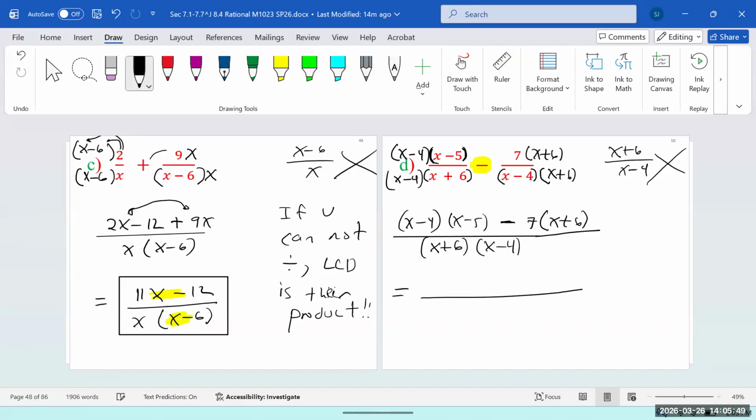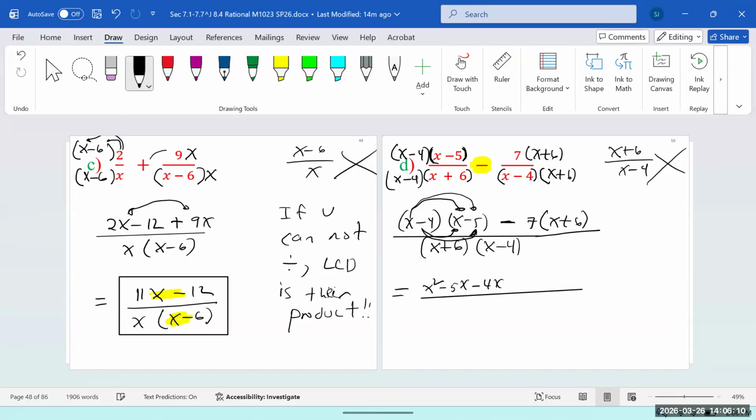You cannot cancel. Your goal is to add, subtract, combine. So distribute. X squared minus 5x. And then you have minus 4x.